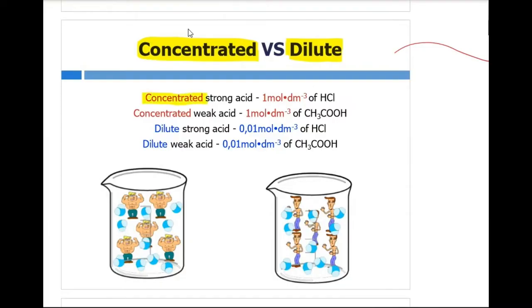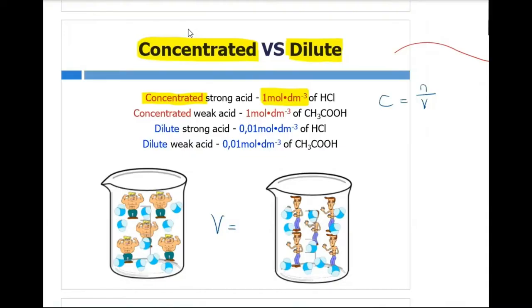So concentrated, we know that C is n over V. So if the volume stays the same and we add more mole, then the concentration will increase. If you're not entirely sure where I'm getting that from, C is n over V. You'll see that for these two beakers, the volume is the same for both. Well, I'm assuming because the beakers are a similar size, but let's say that they are.